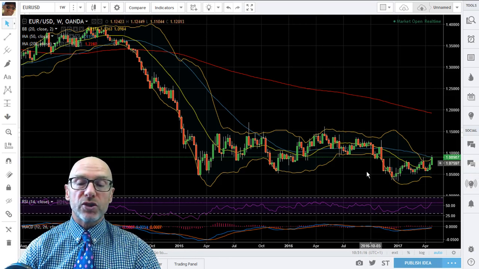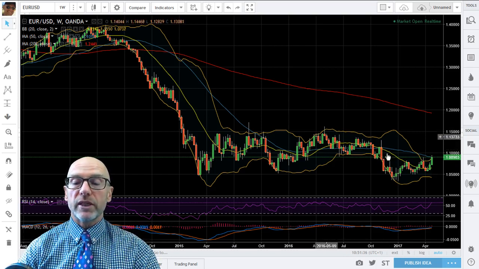You can also see that we had this triangulation formation which came to a head in October. There's a lot of resistance points around here. That's at 112.67, another one here 111.11, 114.63.